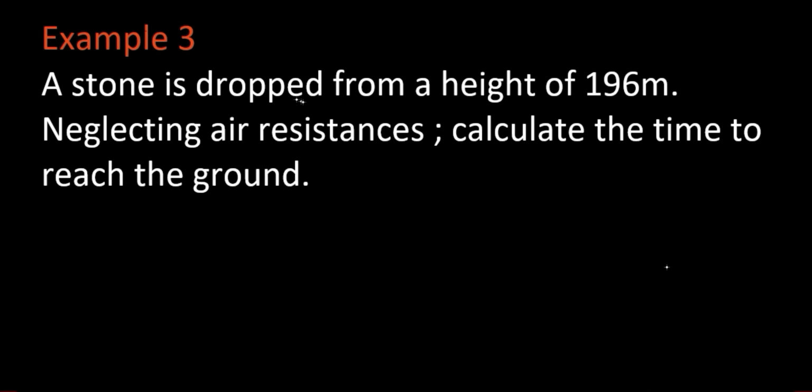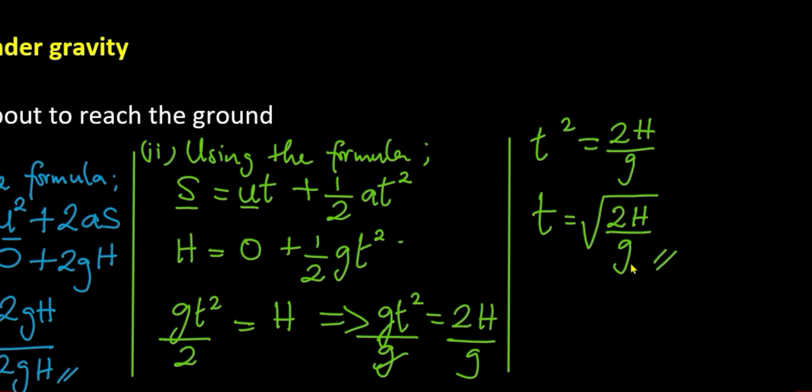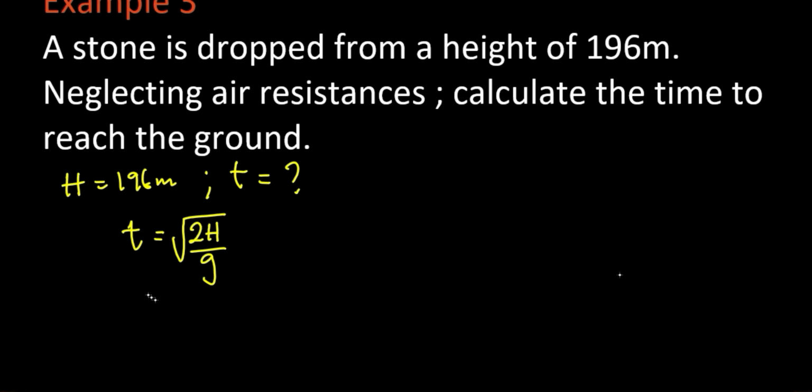Example 3. A stone is dropped from a height of 196 meters. Neglecting air resistance, calculate the time to reach the ground. The height is 196 meters since it's dropped from a height. The total time taken is the square root of 2h over g when it's dropped from up.